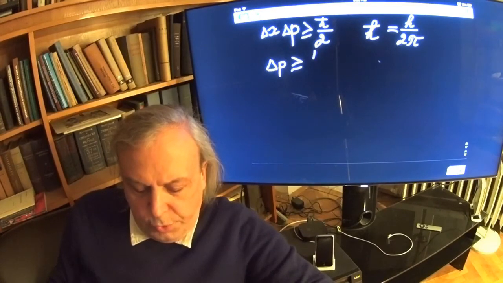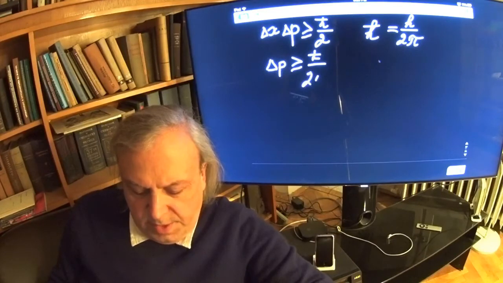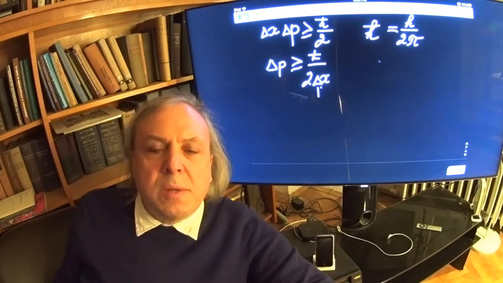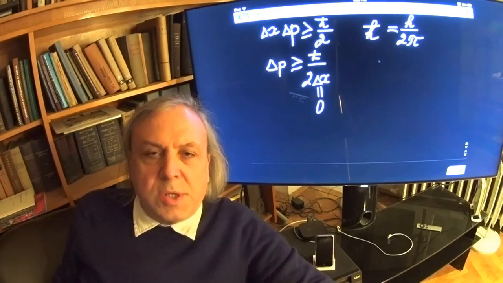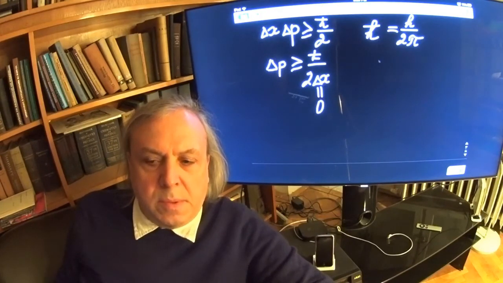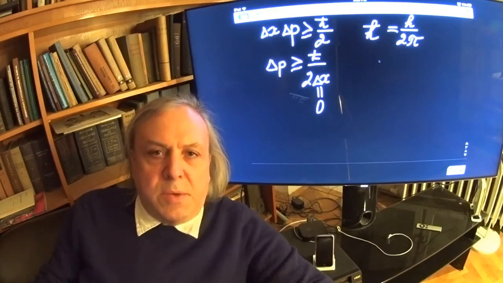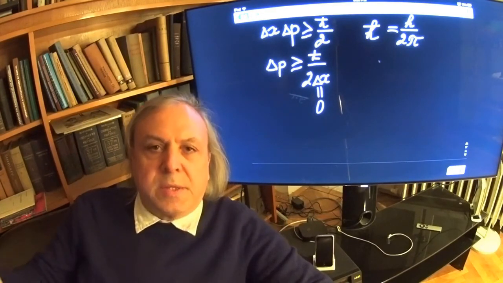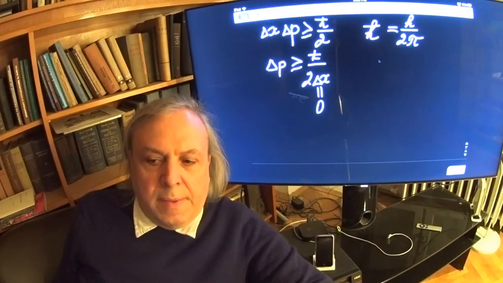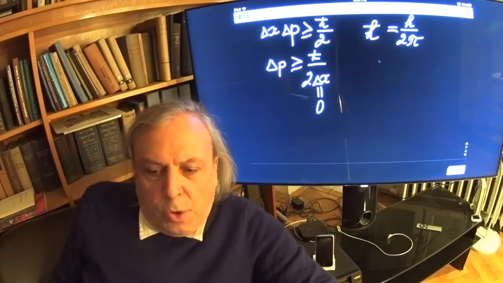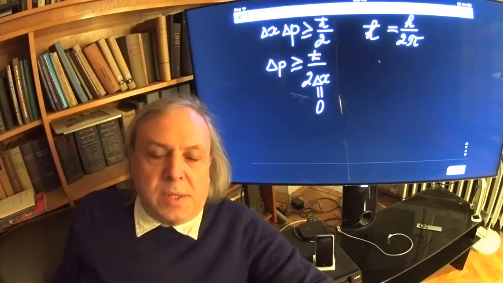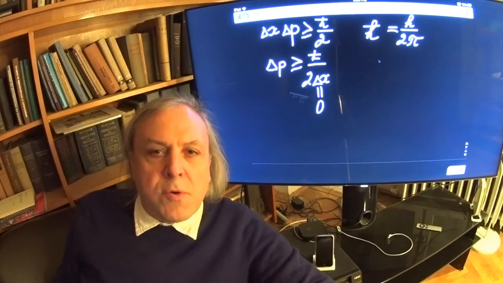It is h bar over 2 delta x, and if this delta x is equal to 0, then delta p will be infinity, which is physically impossible. And vice versa, if delta p is 0, then delta x will be infinity. So, according to quantum mechanics, there is no rest.